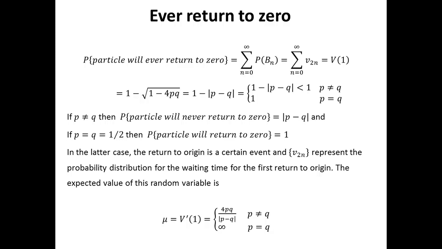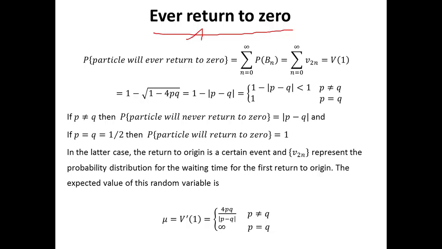Next we are going to calculate the probability that the particle will definitely return to 0 in a series of trials. There is a scenario that the particle will never return to 0 if you observe it in a finite number of trials, but there is also a probability that the particle will return to 0. So we are going to calculate the probability that the particle will definitely return to 0 after some trial.